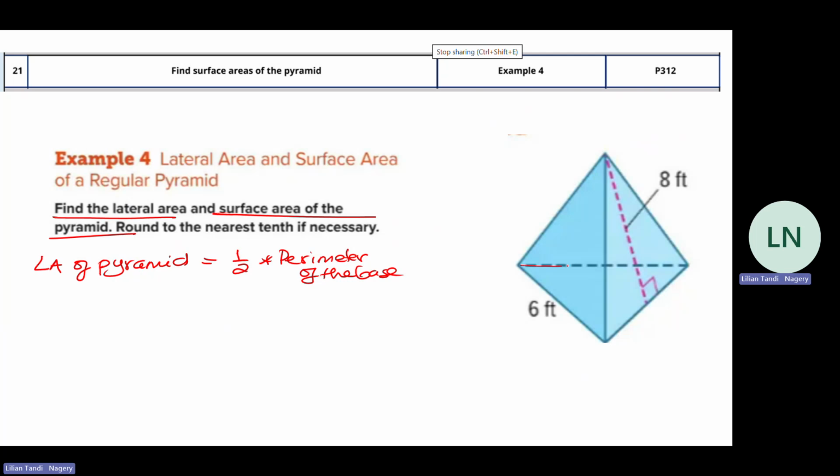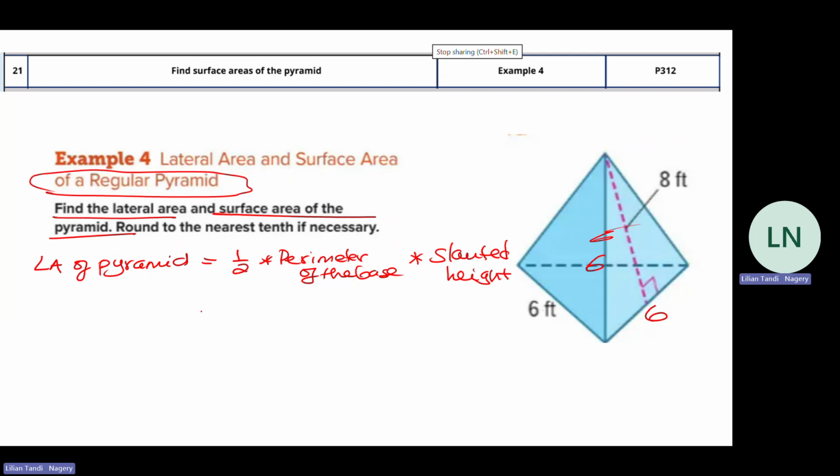And it says regular pyramid. That means if this is 6, this is 6, this is 6. And then you multiply by the slanted height.